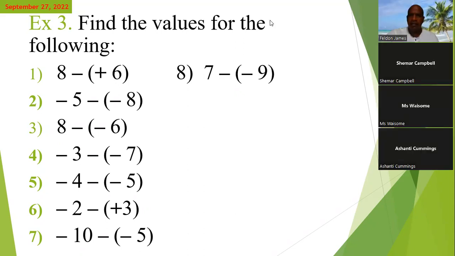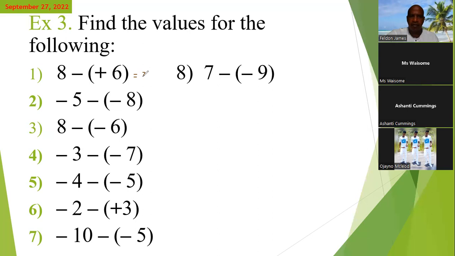All right, now guys, what is the answer for question 1? Positive 2. Question 2, answer for question 2?